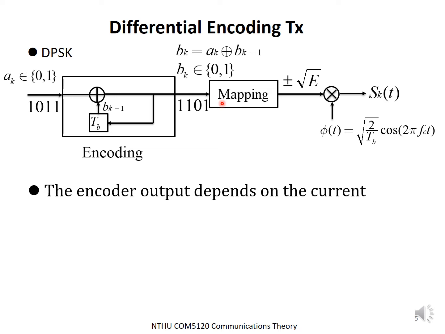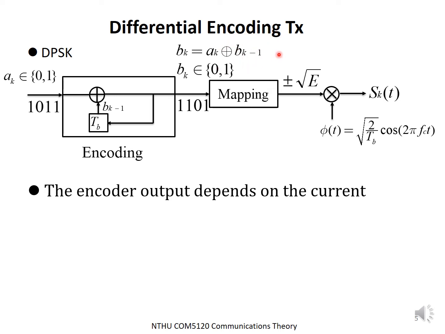Why is it with 1-bit memory? Because every output of BK is determined not just by the current AK, the current input, but also by the previous BK minus 1, right? The previous symbol.